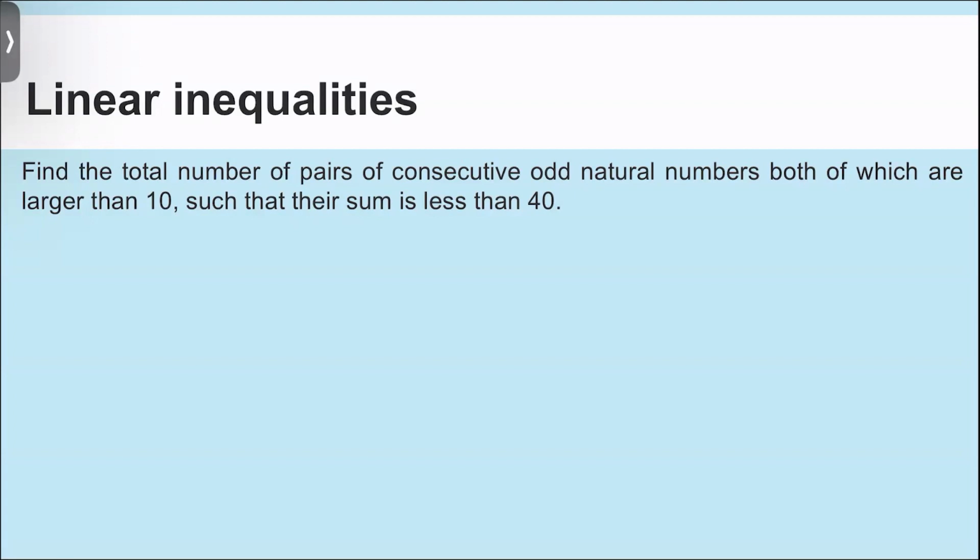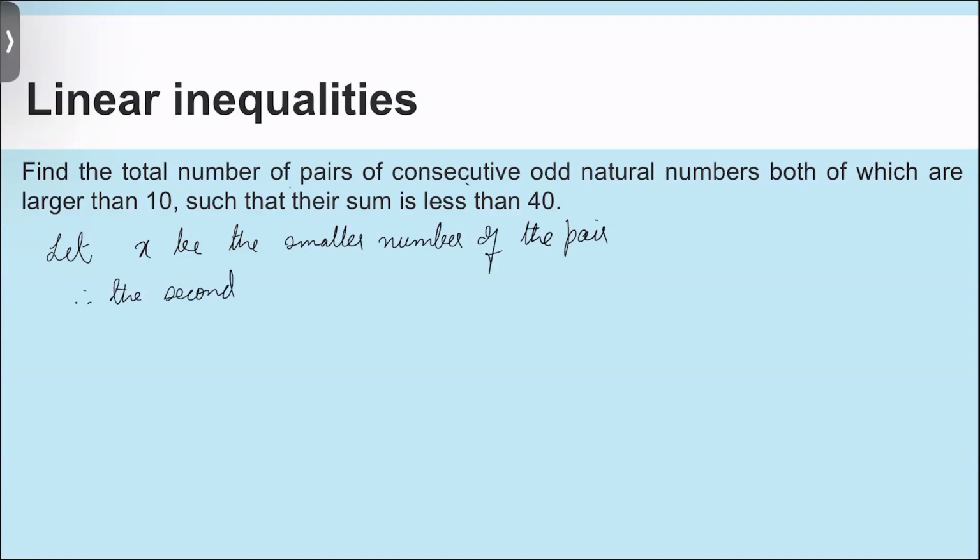So suppose we let X be the smaller number of the pair. Okay, so you have two numbers. The smaller number of that pair is going to be X. Now we are saying that these are pairs of consecutive odd natural numbers, so therefore the second number of the pair is X plus 2.